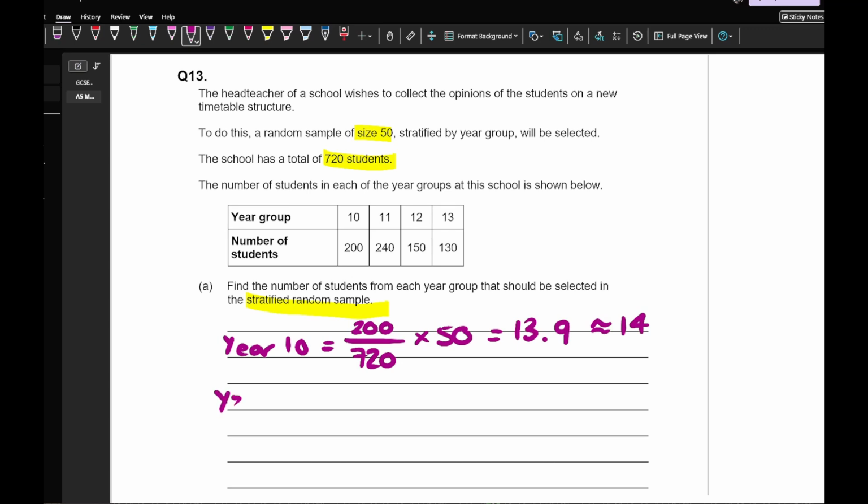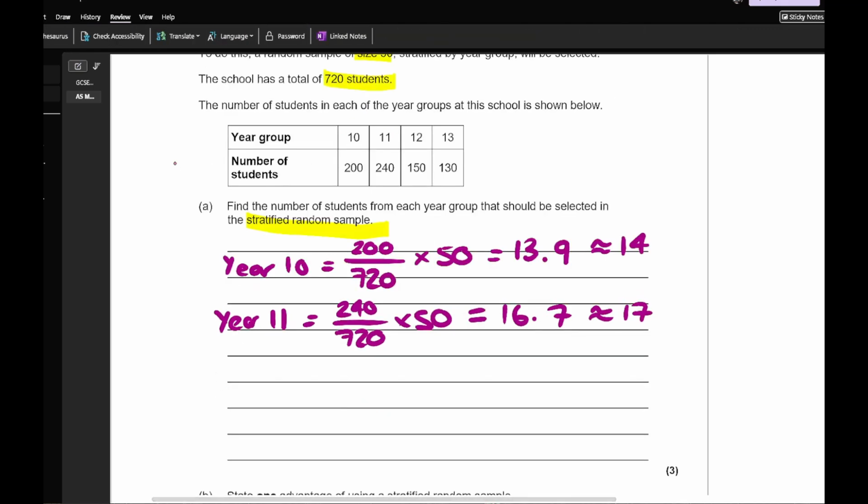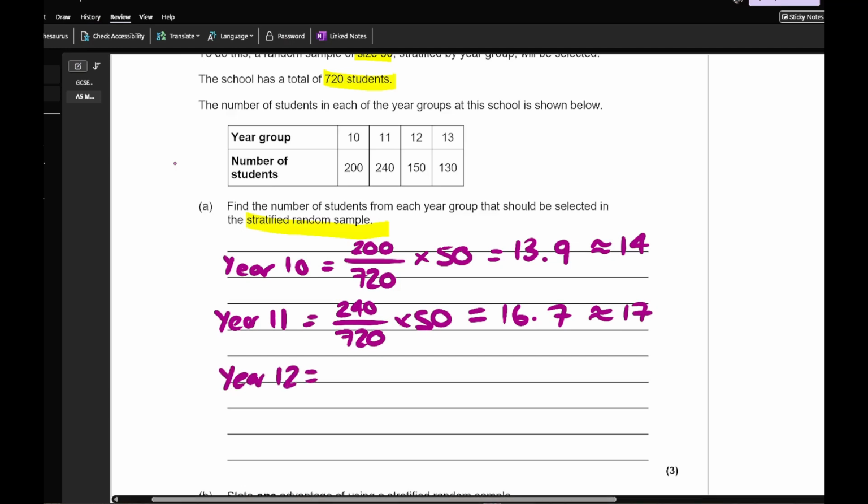Then I do the same for year 11, and that's 240 divided by 720 multiplied by 50, and I type that into my calculator and I get 16.7, which is approximately 17. Then for year 12, I'm going to do 150 over 720.